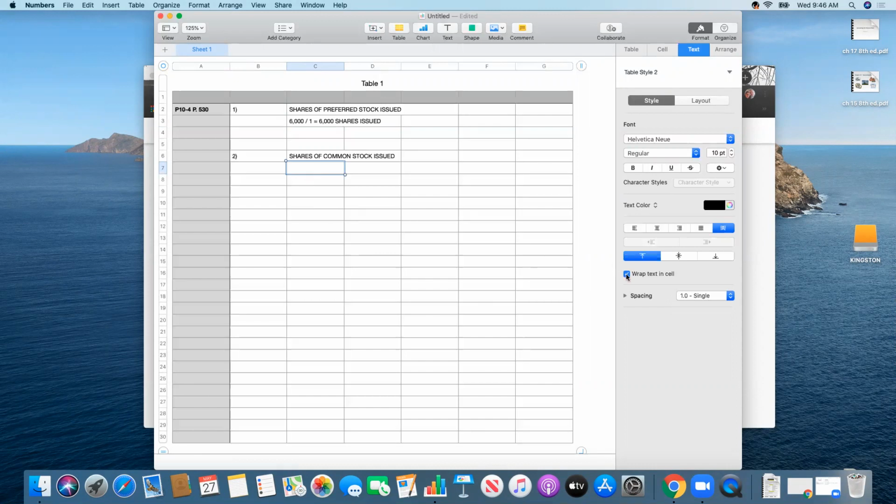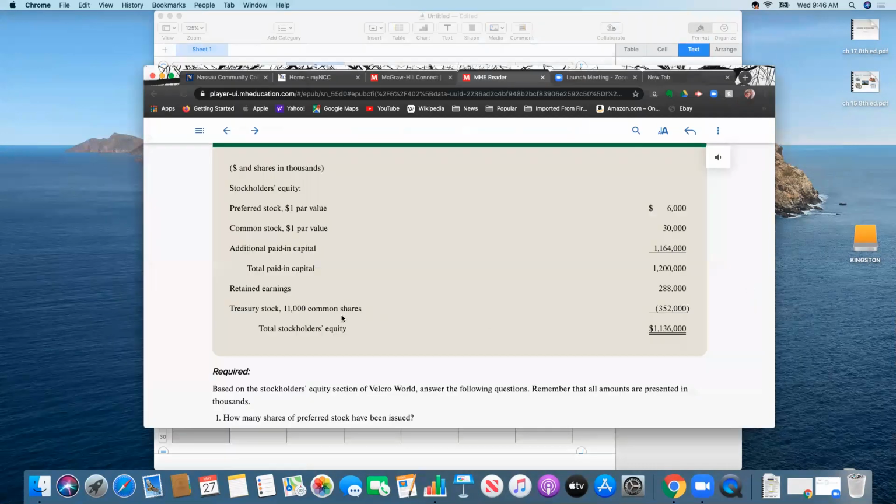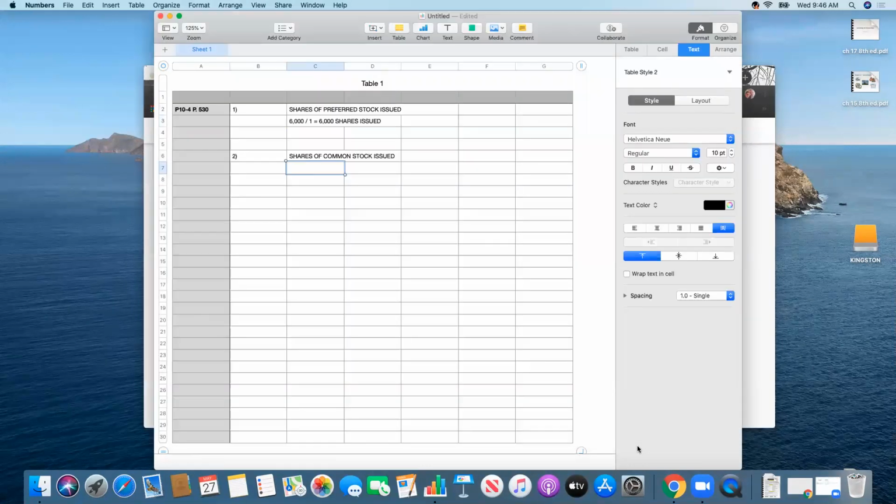Now we can do the same thing with the common. With the common, it's 30,000 divided by 1, which equals 30,000 shares issued. So that wasn't too bad.